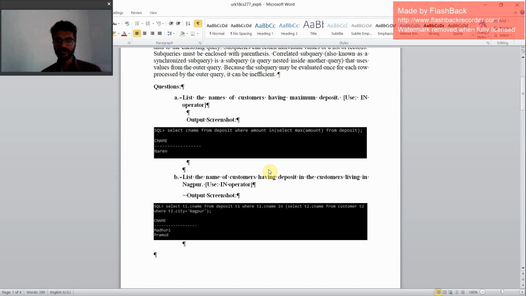It checks the names of the customers who are living in Nagpur and who have a deposit, comparing the left and right sides. You get two names, Madhuri and Pramod.